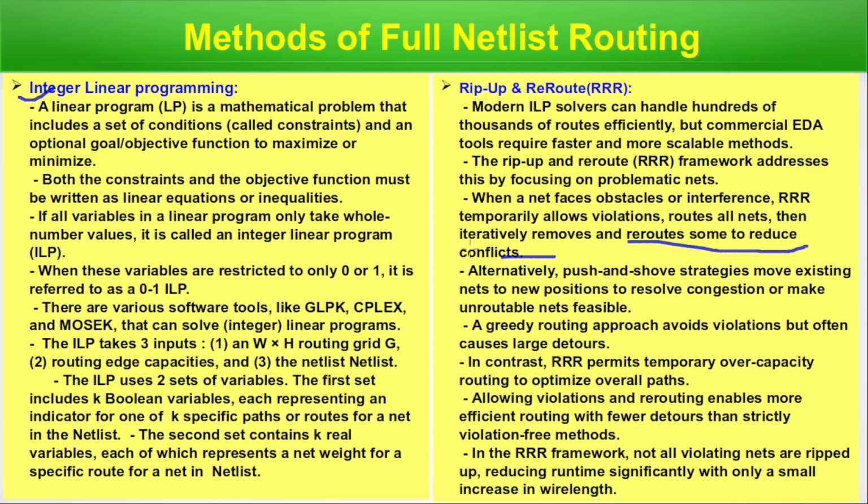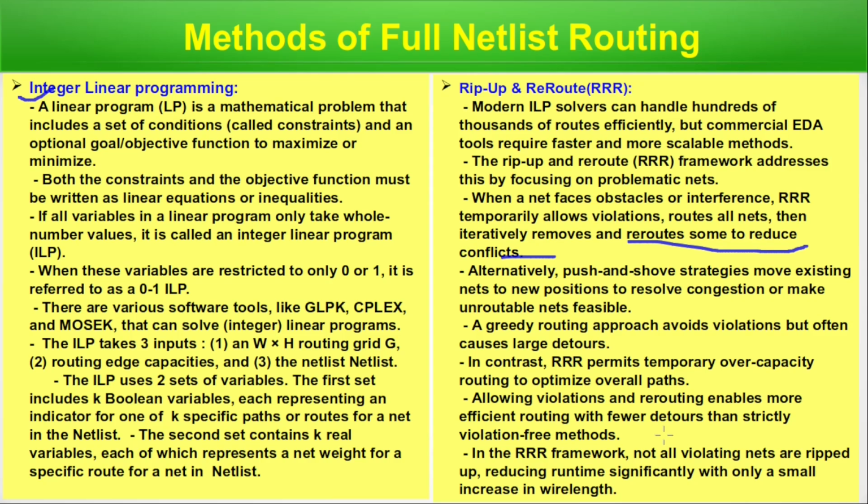Alternatively, push and shove strategies move existing nets to new positions to resolve congestion or make unroutable nets feasible. A greedy routing approach avoids violations but often causes large detours. In contrast, RRR permits temporary overcapacity routing to optimize overall paths. Allowing violations and rerouting enables more efficient routing with fewer detours than strictly violation-free methods.